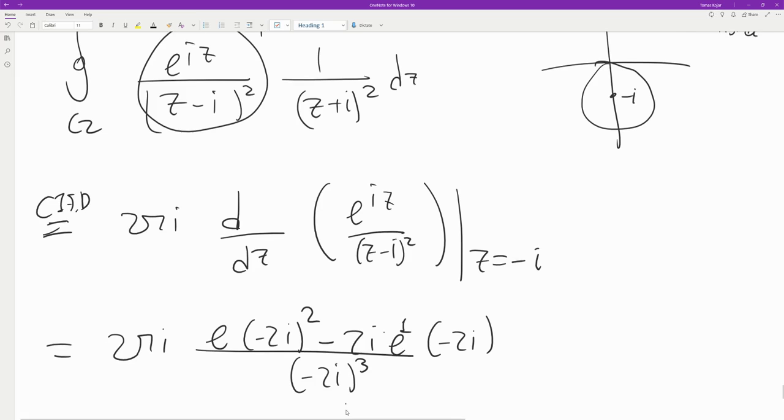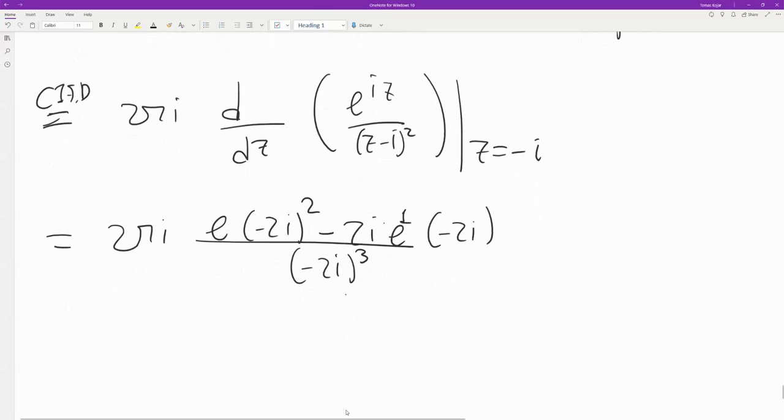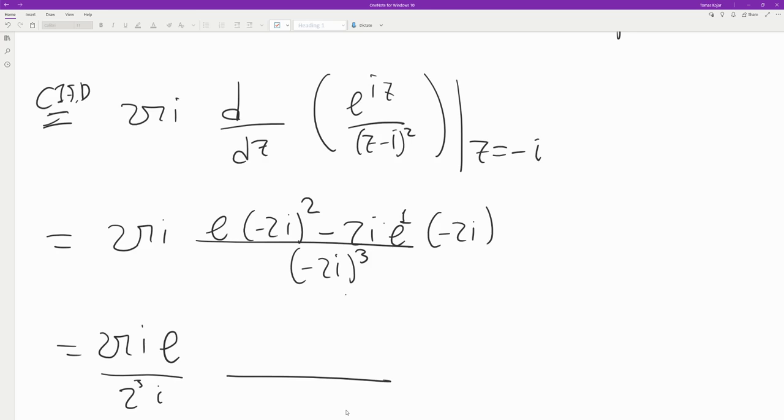Okay, so let's see how I can simplify this for you. So e comes outside, and you get 2i. And this guy is minus 4.